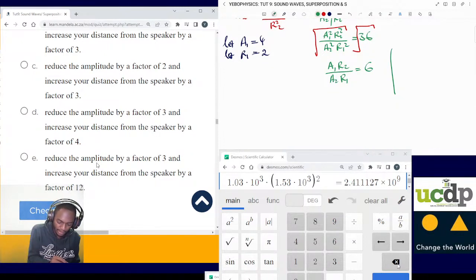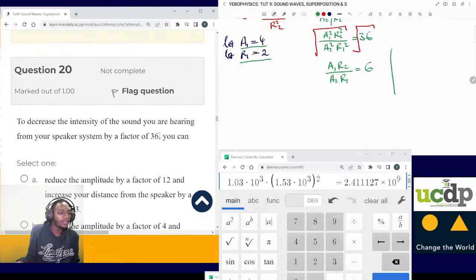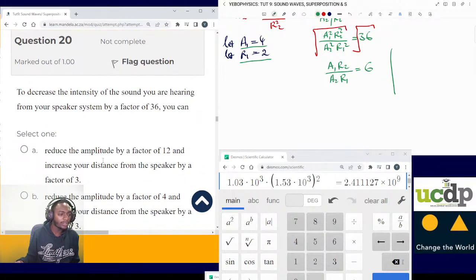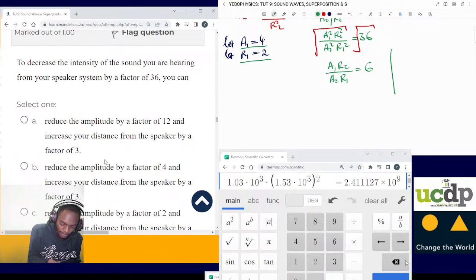Then I'm saying let A1 be equal to 4, right? And let R1 be equal to 2, because what is happening to the amplitude is it reduces, anyway, so I'm just putting those conditions.